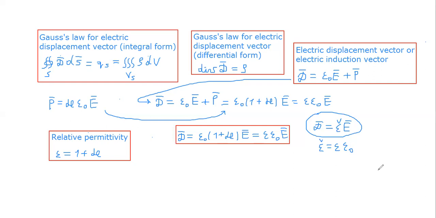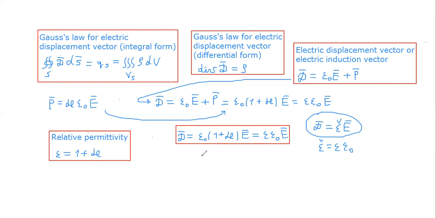And in this case, the electric displacement vector is very useful because we don't need to know bound charges. We need only information about free charges to calculate the electric displacement vector.